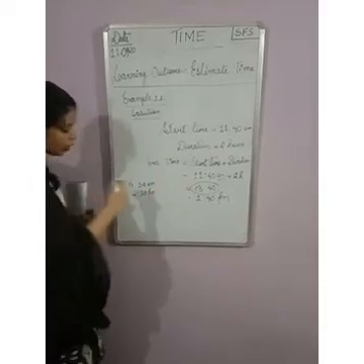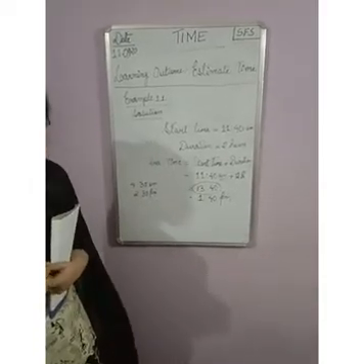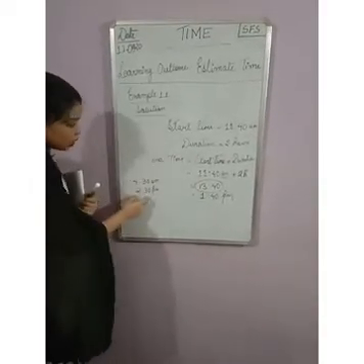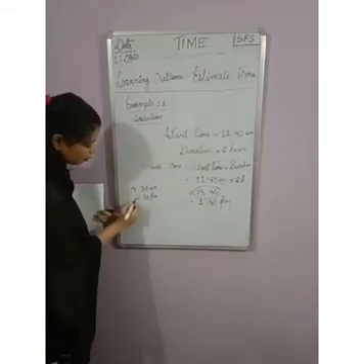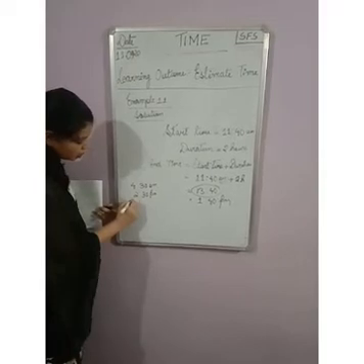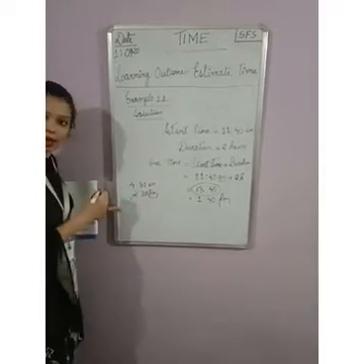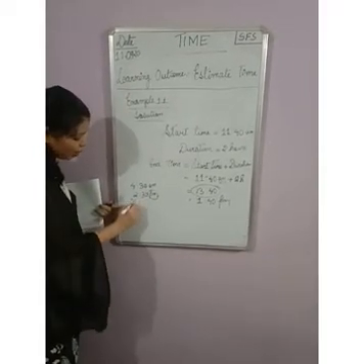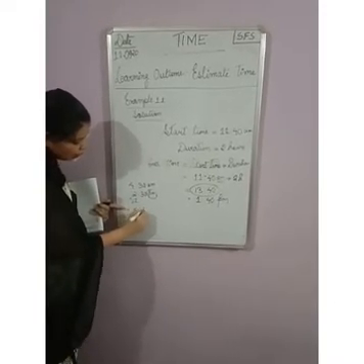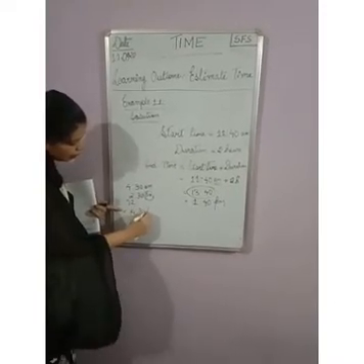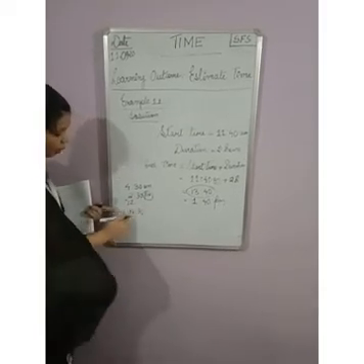So how to find that? To find that, we can convert this 2:30 into a 24-hour format. Now with the PM we have to add 12, isn't it? So what we'll get? 14:30.